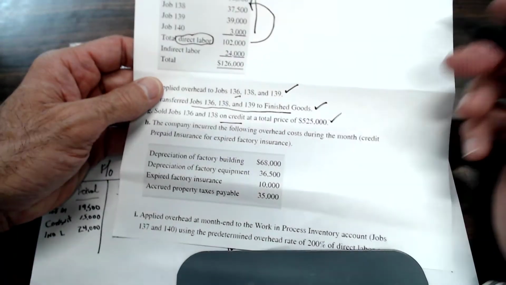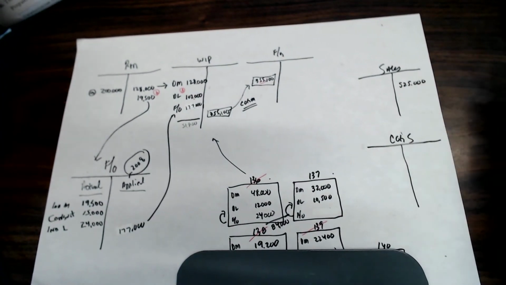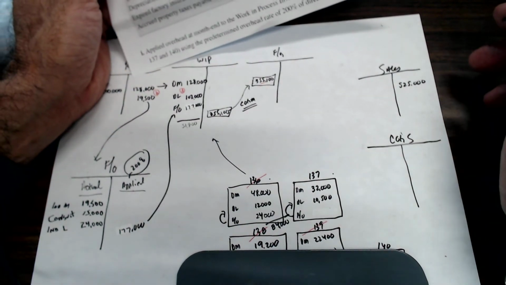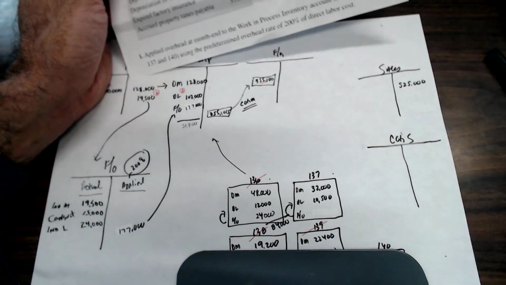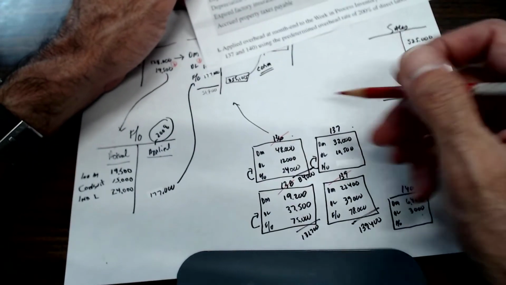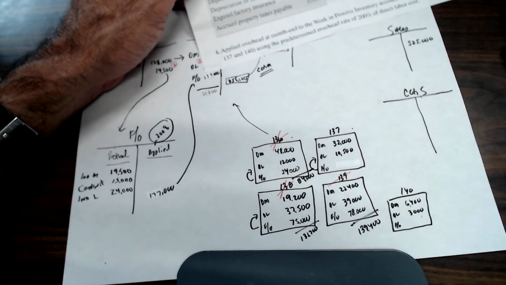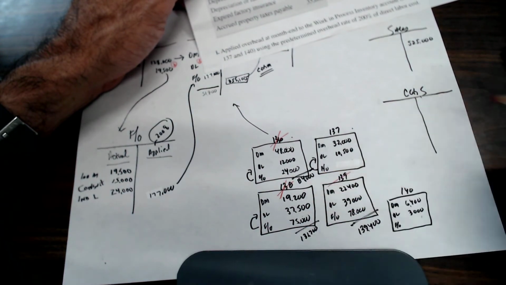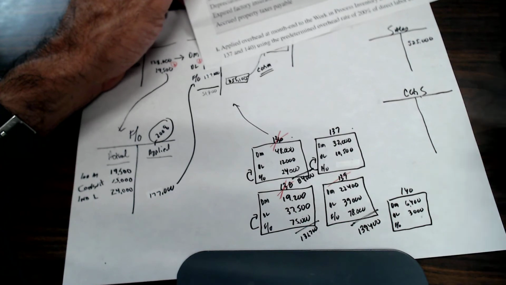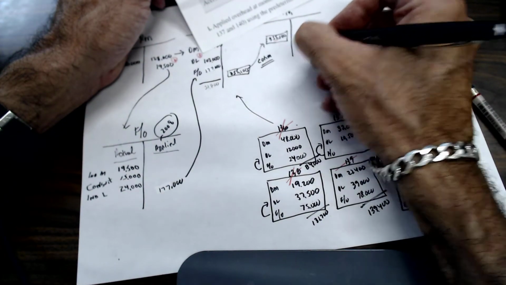Well, we sold them on credit, so we're going to debit accounts receivable. And what was the cost of the jobs I sold? I actually sold 136 and 138. Their cost totaled 84,000 and 131,700, which is 215,700.